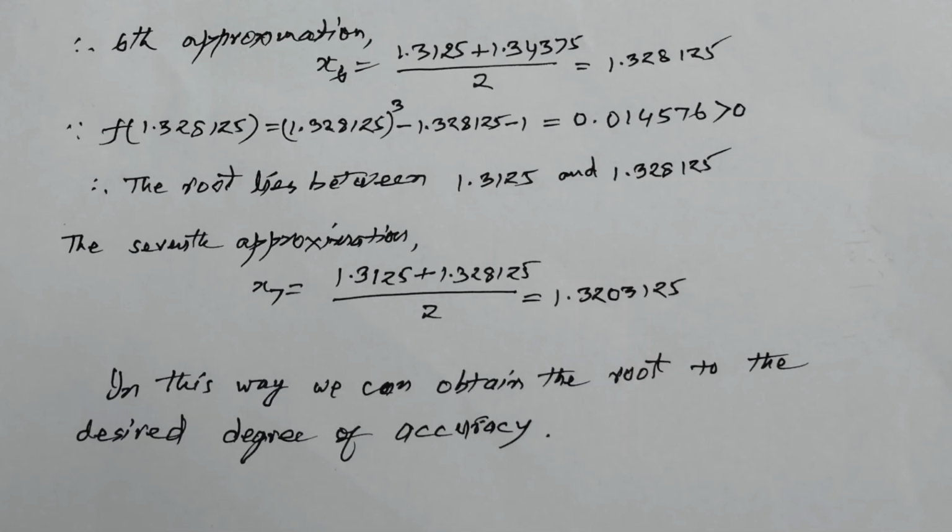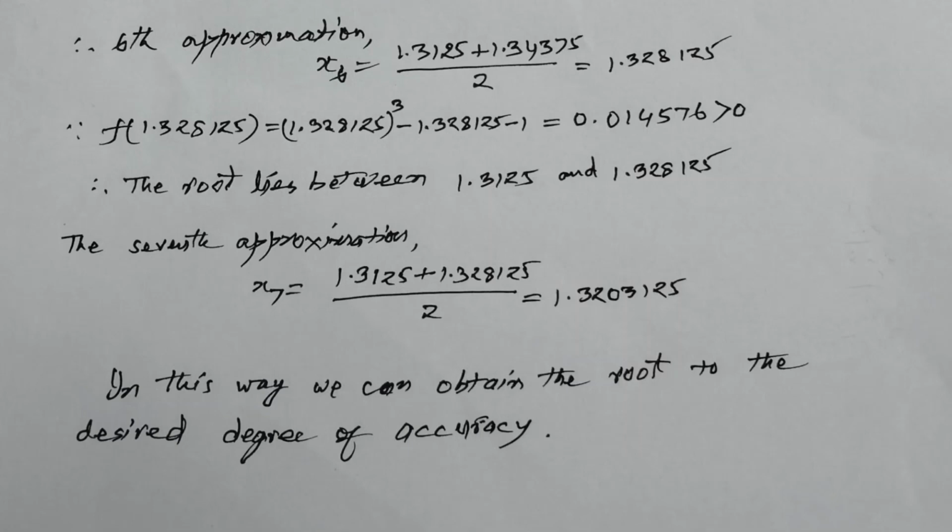The value of function at 1.3125 was negative and the value of function at x equal to 1.32815 is positive, and therefore the root lies between 1.3125 and 1.32815.